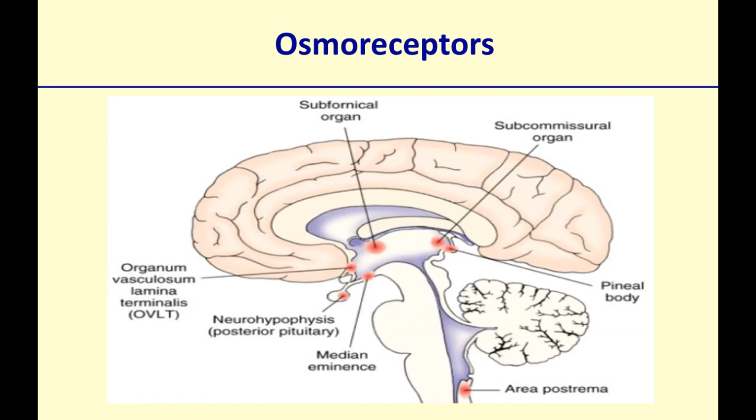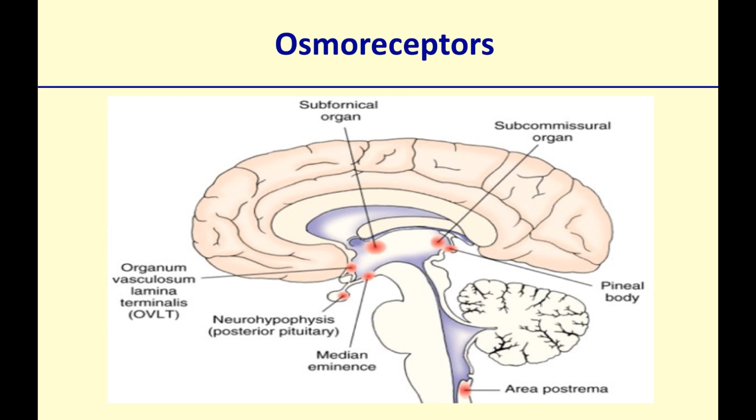Now, how does the body know that there is too much water or too little water? Do we have water sensors? We don't, but we have sensors that sense the surrogate for water, which is osmolality. And we have what we call osmoreceptors. We have two classes of osmoreceptors: the central osmoreceptors located in the central nervous system and the peripheral osmoreceptors located in peripheral tissues.